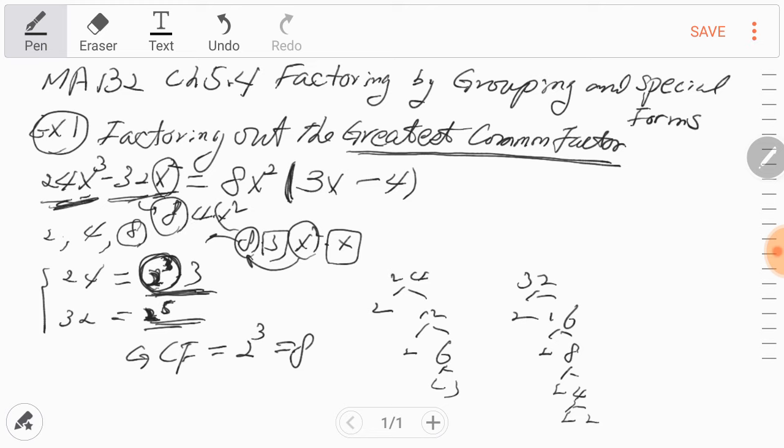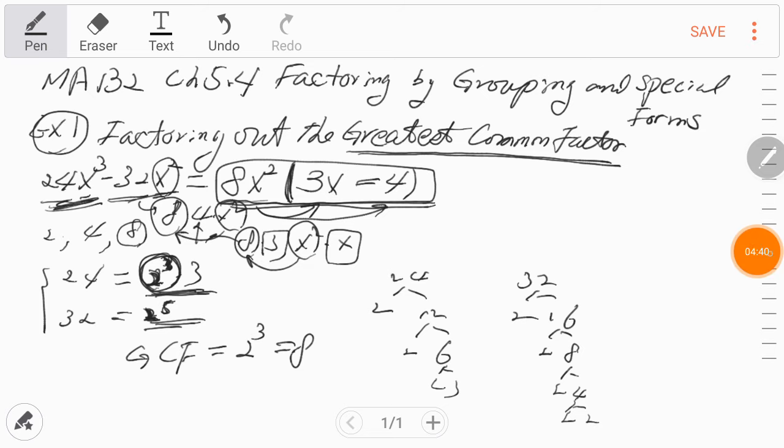So the 8 and x squared factors are factored out, and 4 is the leftover. So we can write it like this, just like the distribution property. Once we multiply these two, we must have 24x cubed, and minus 32x squared. Okay, so this is the factored form.